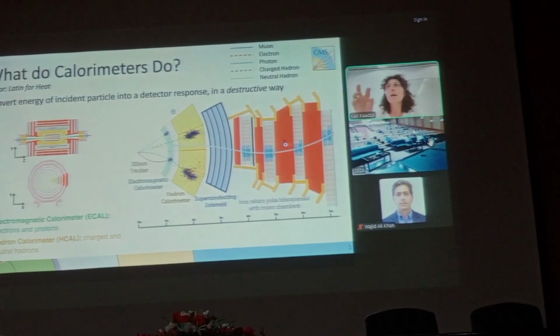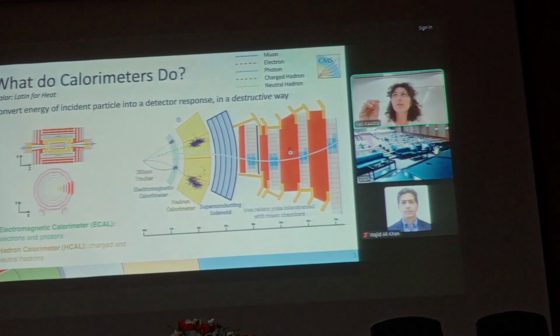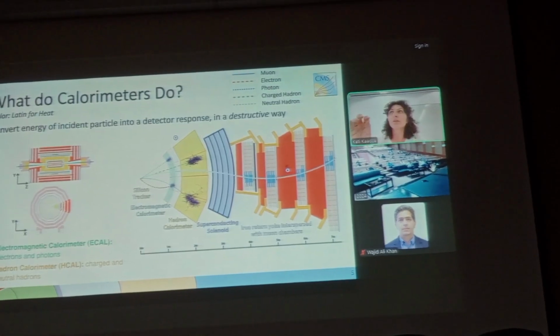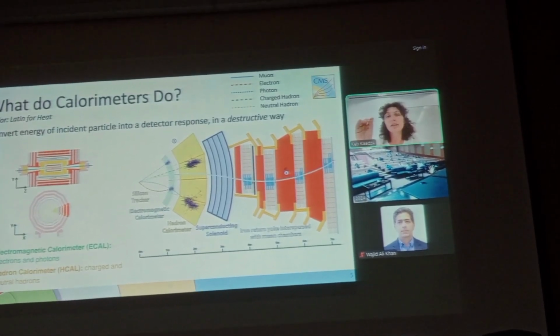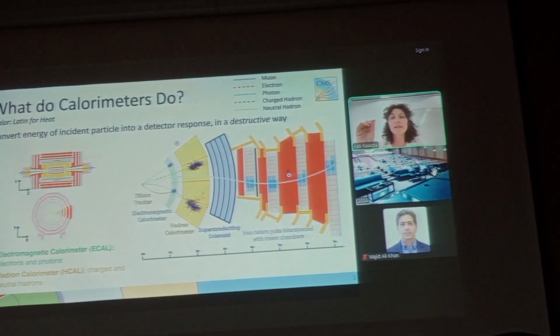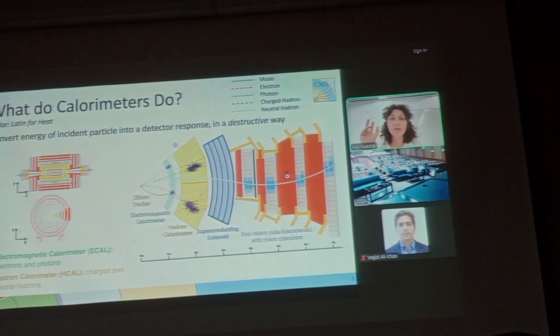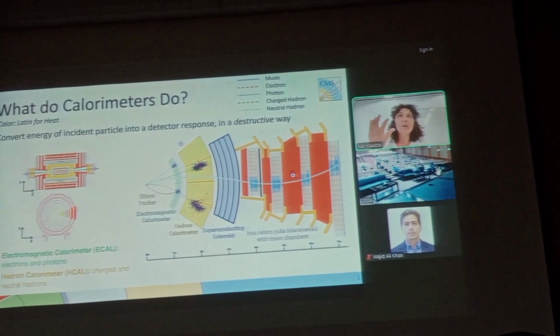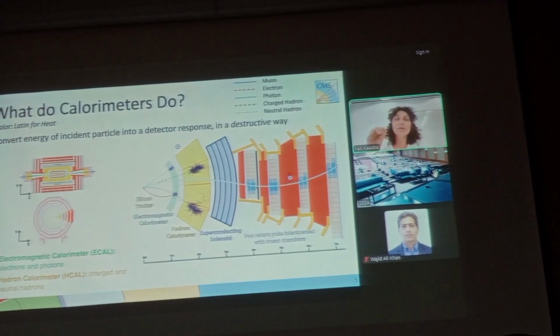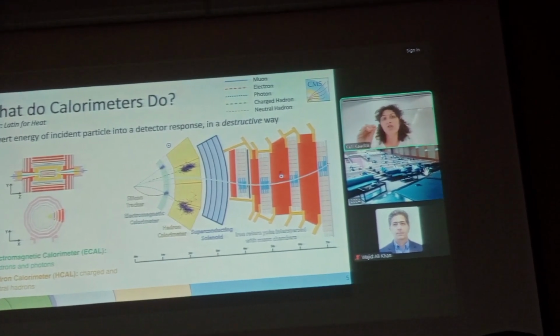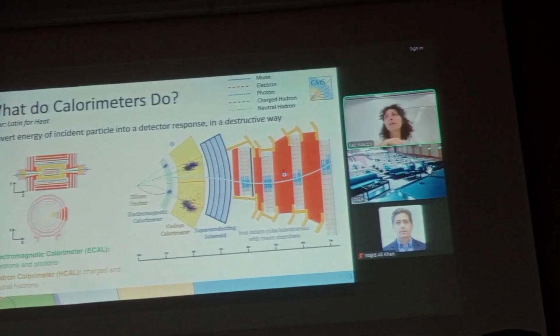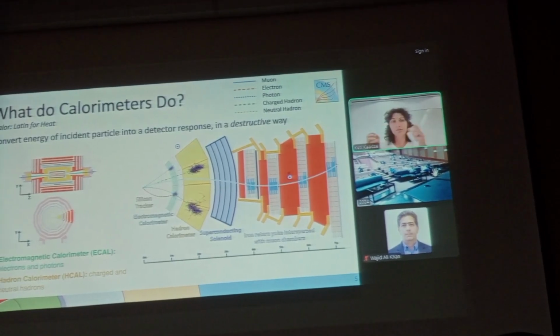They try to measure the energy of the incident particles, and in particular what's important is that they try to do this measurement in a destructive way. What it means is that the particle eventually has to be destroyed, and that's how we are able to have full information of the initial energy of the particle, once it is fully destructed.